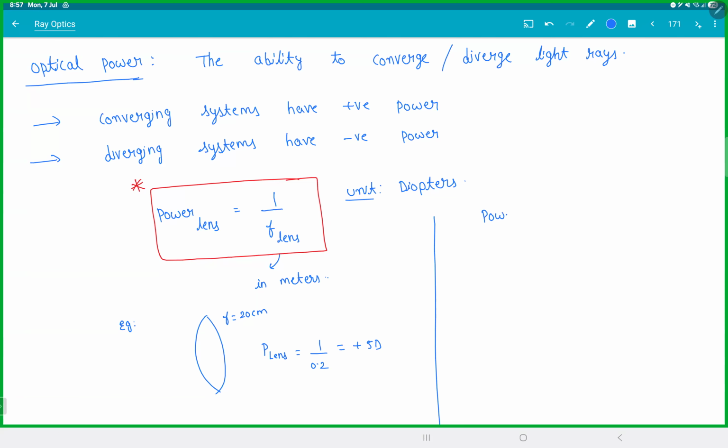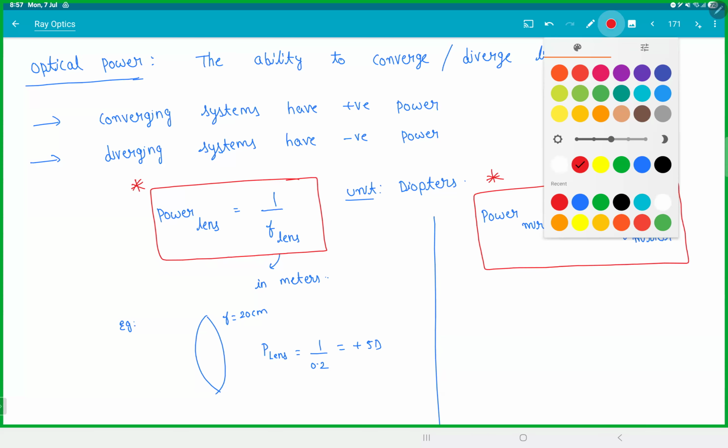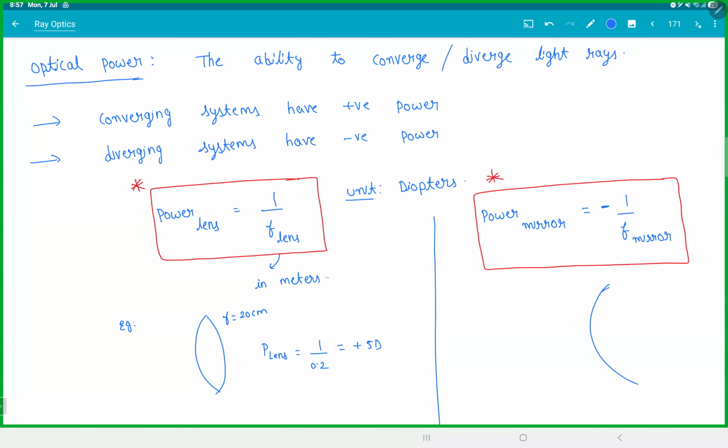Similarly, power of the mirrors. Remember, converging systems are positive. In a mirror, a concave mirror is positive, but the focal length of a concave mirror is negative. So to make it positive, we introduce a minus sign. Here also f should be in meters. If you have a convex mirror, let's say the radius of curvature is 20 centimeters, then the focal length will be 10 centimeters.